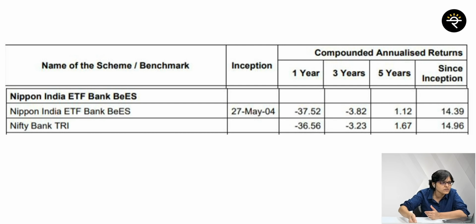So again, a little bit worse. And if I talk about a 5 year return, which is a positive return, Nifty Bank has given 1.67%, and Nippon India Bank BeES only 1.12%. So I hope we have understood that everywhere the index is going to perform a shade better than the index BeES.